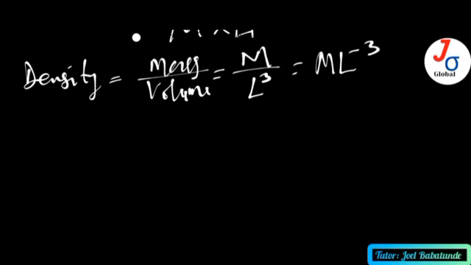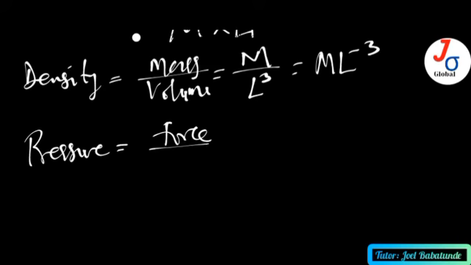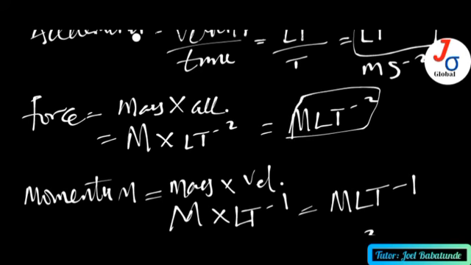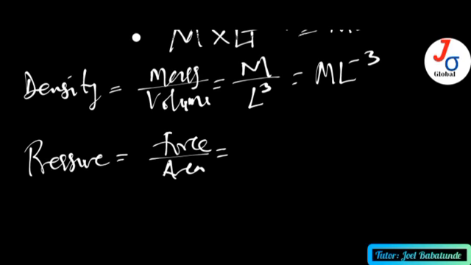Then we're going to also look at the last one, pressure. So pressure is actually given as force over area. So force, I think we did for force the other time, that's MLT to the power of minus 2 divided by, what's our area? Our area is actually L squared.